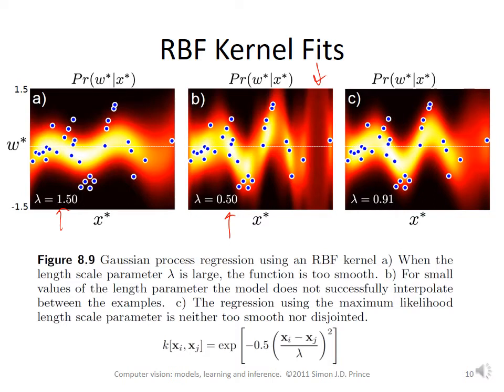It's interesting that you can get a lambda that actually does a pretty good balancing job between fitting the data, but also trying to interpolate in areas of low data. And this is a job for a maximum likelihood learning of the length scale. And so again, this is something that can be optimized using a nonlinear optimization.